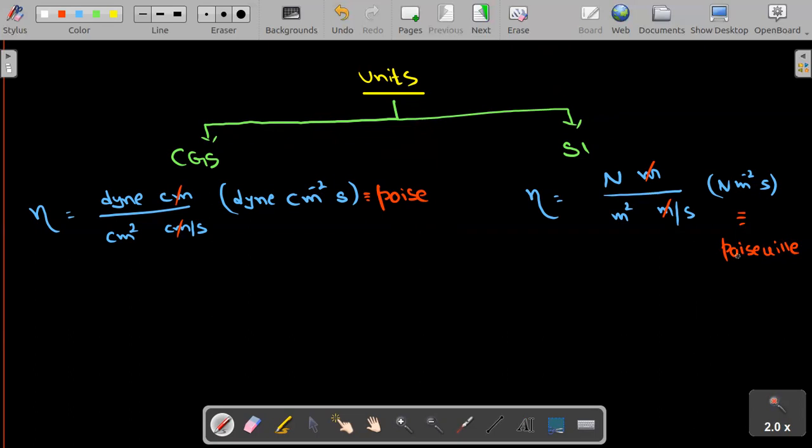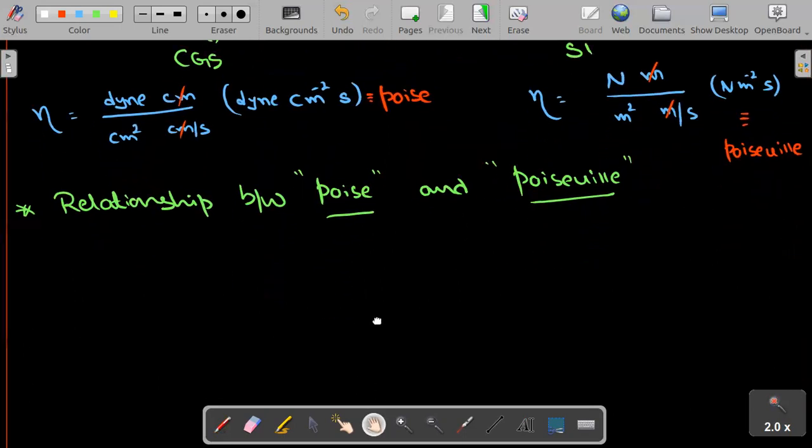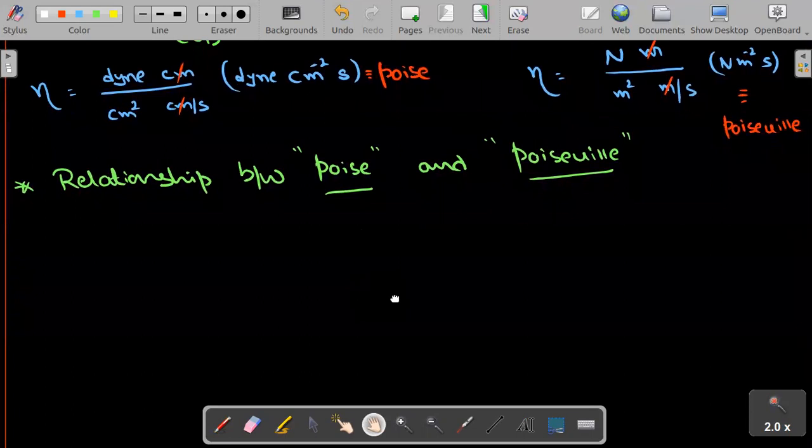What can be the relation between this poise and Poiseuille? Can someone tell me the relationship? If you don't know, try to establish it.